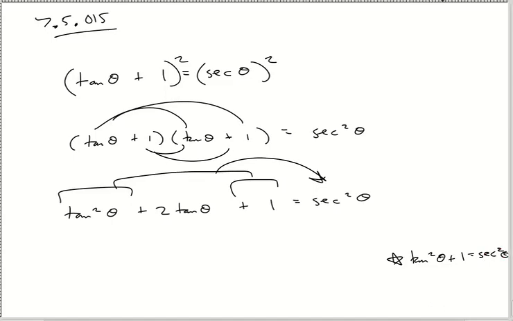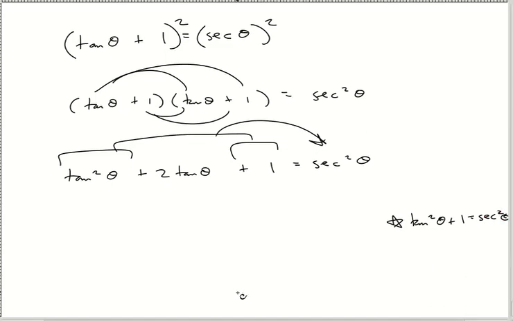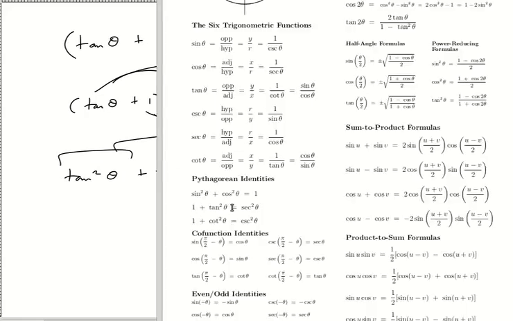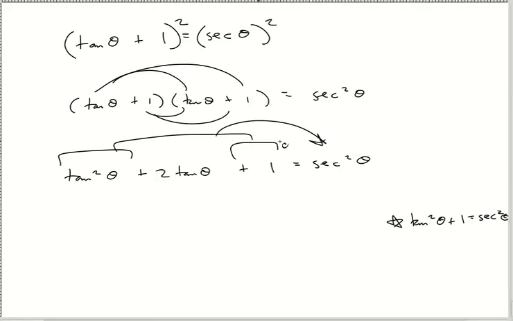I'm going to pause for a second and verify. Okay, I was correct. Here, I pulled it up. Tangent squared plus 1 is equal to secant squared. Sorry I had to pause, but it's better to check now than later. What I'm trying to get at is that these two components look very similar to this.